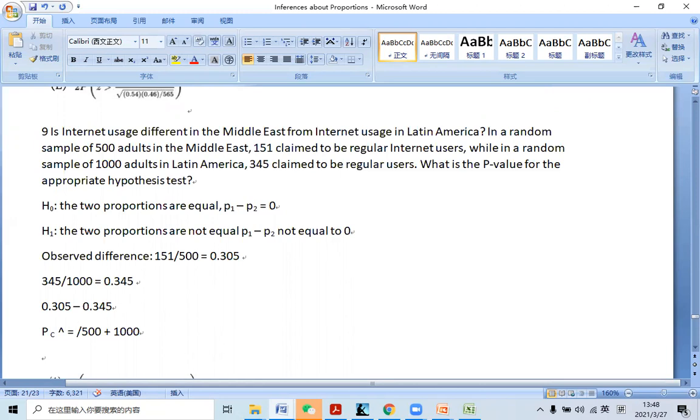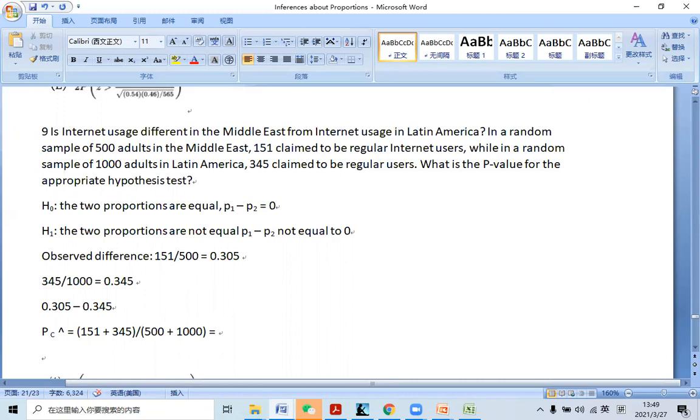For the Middle East, 151 internet users, and for Latin America, 345 regular internet users. And these are the proportions combined.